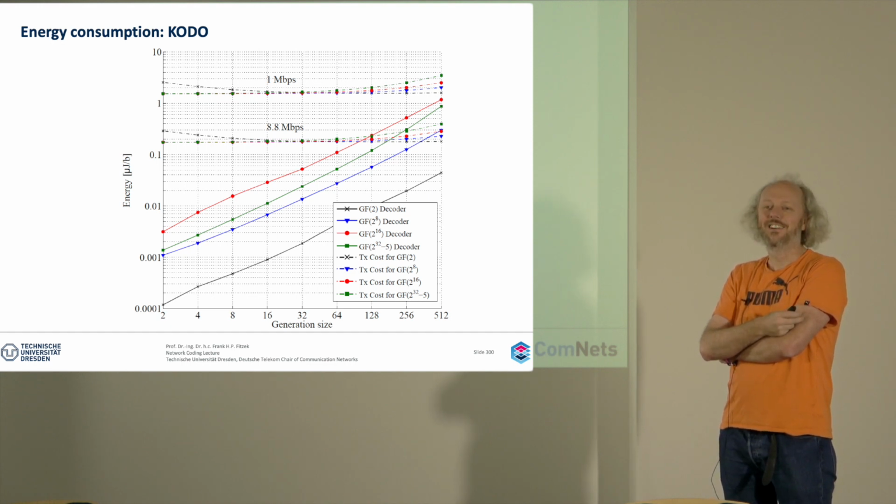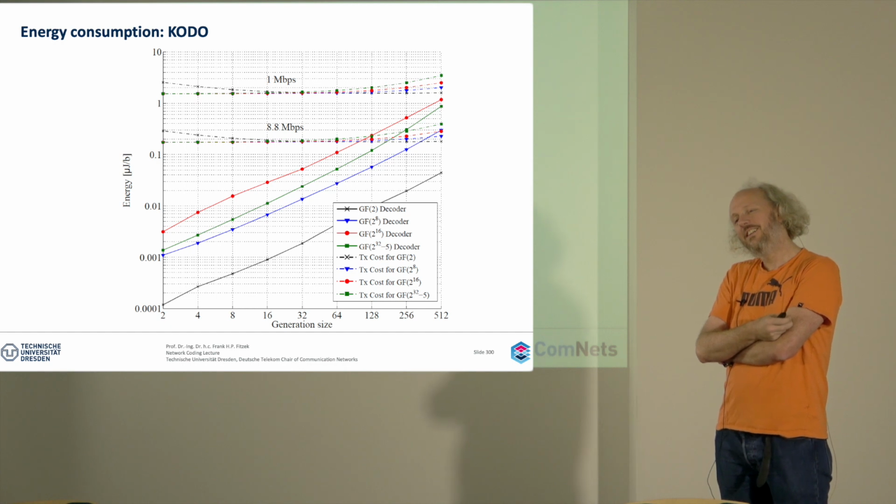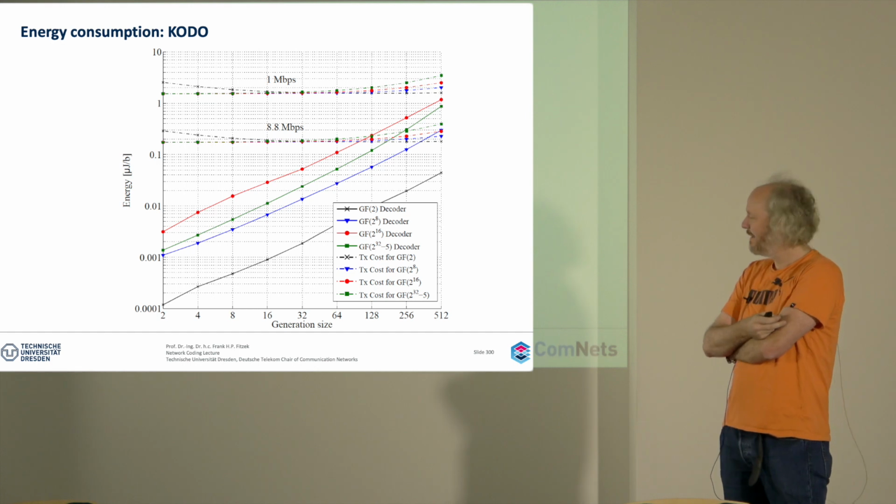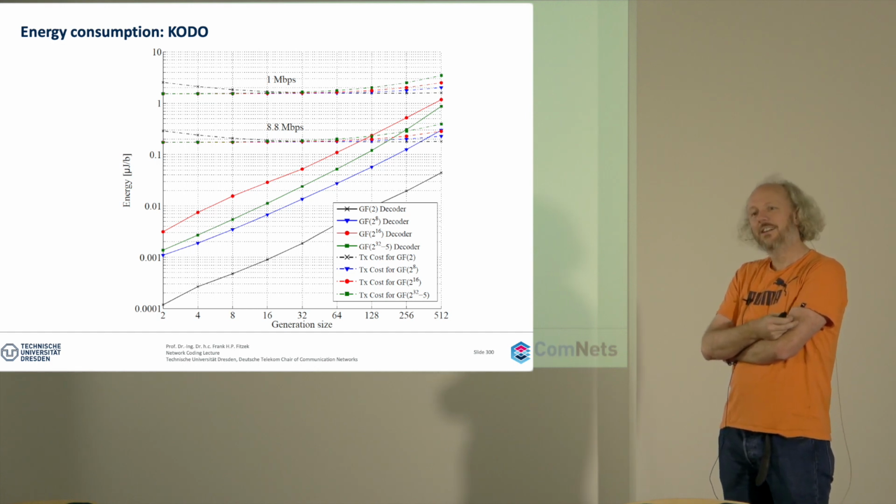Try it. Because with a higher generation size, we have a problem that, for example, when we have 200 as generation size, the last few packets can be the same as an old one. So the probability to receive a new one gets lower.